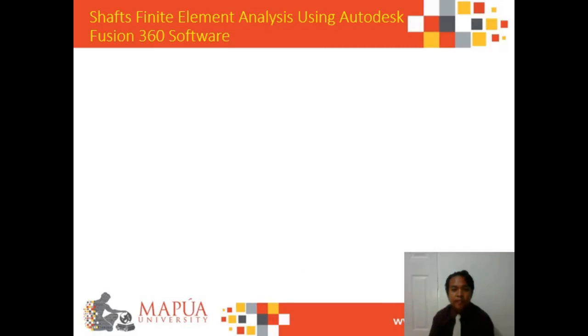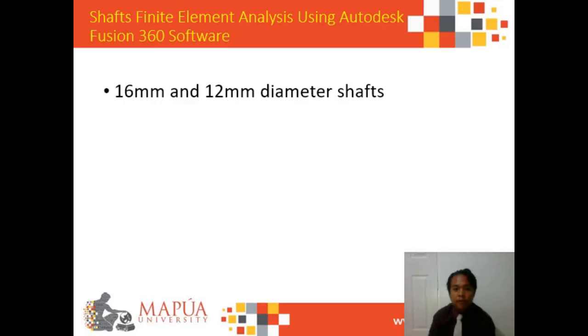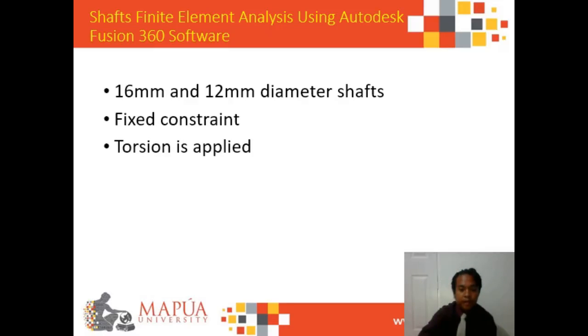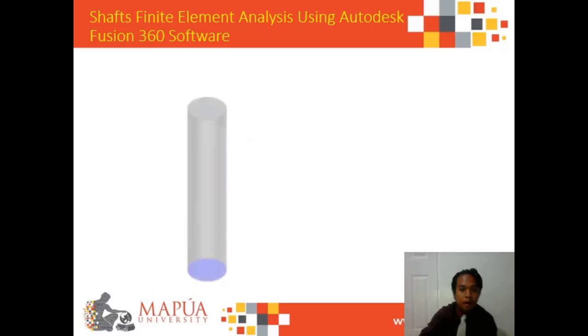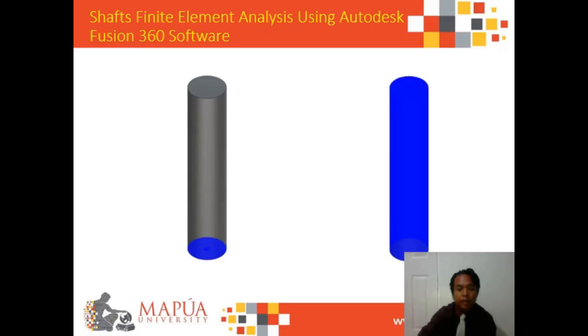For the shaft's finite element analysis using Autodesk Fusion 360 software, we use a 16 mm and 12 mm diameter shaft. The constraints are fixed. Torsion is applied to the shafts. Here is how the constraint is placed, and this is how the torsion was applied to the shaft.